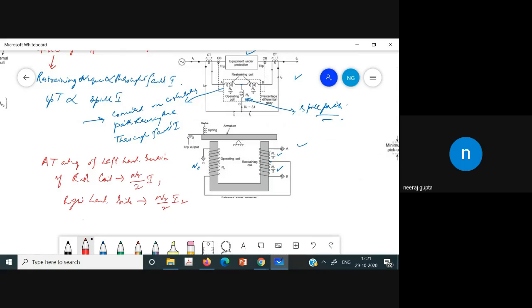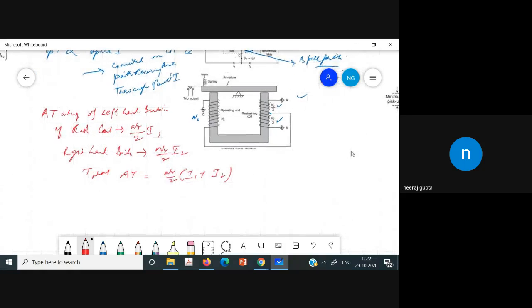So total ampere turns equals nr divided by 2 into I1 plus I2.